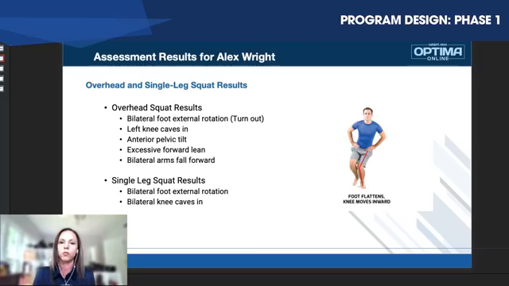These are what we've termed measurable results. Every 4 to 6 weeks, we want to redo these assessments to make sure he is moving along nicely before we advance his phase of training. For example, when this client did his overhead squats, always have the client remove their shoes, because we don't want the shoes to be a factor.